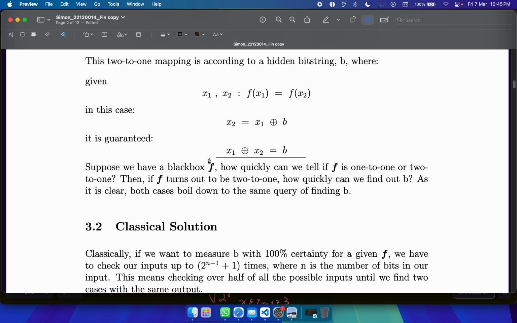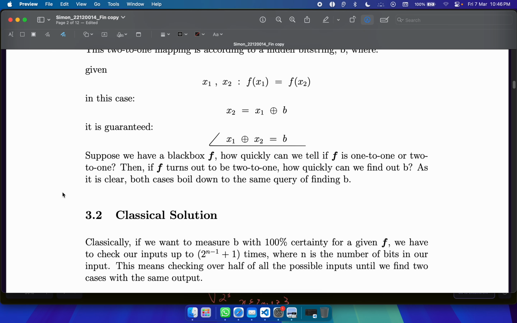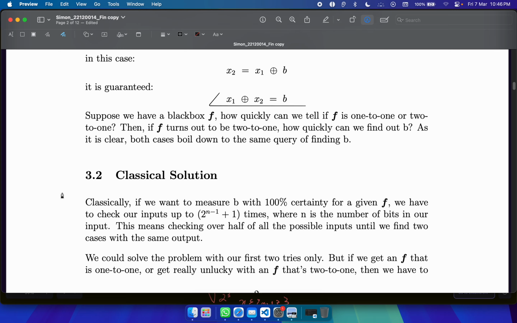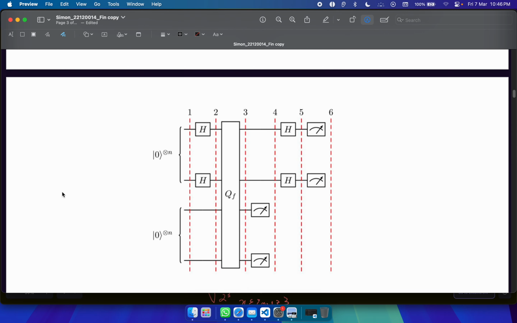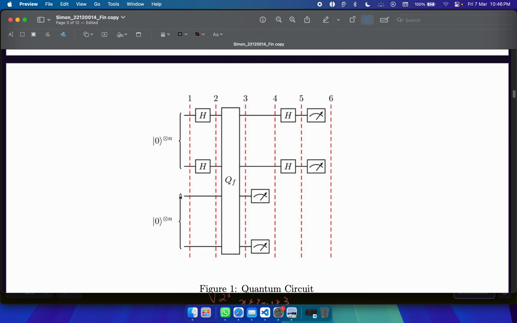It also mentions here that x1 XOR x2 gives you b, which he's representing as a secret string s. Now here he has written the same thing, but he is measuring it here. In some tutorials you will see this, in some others you won't. I'm sure this has to be mentioned because apart from doing this, you can't get the answer.